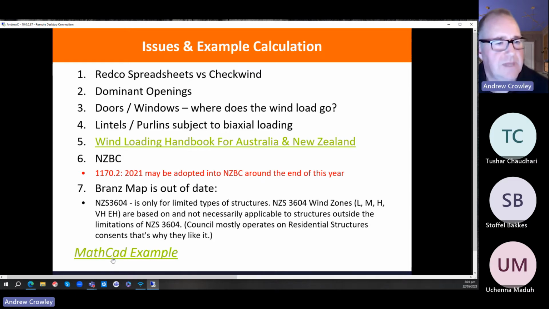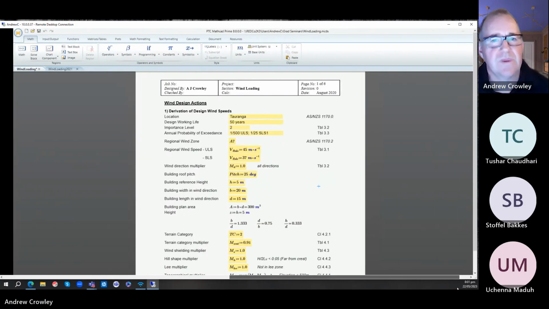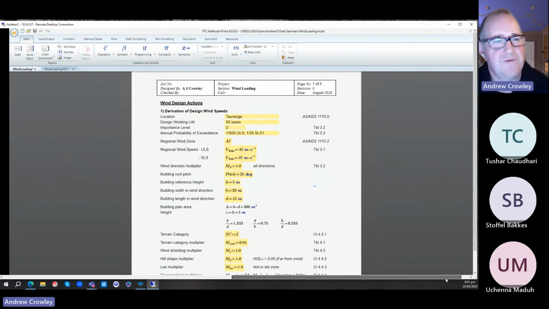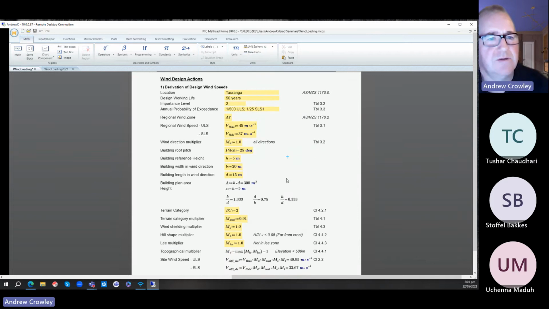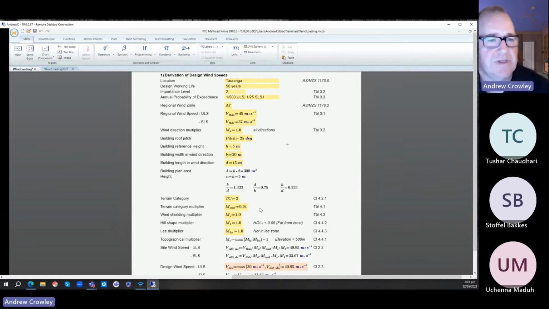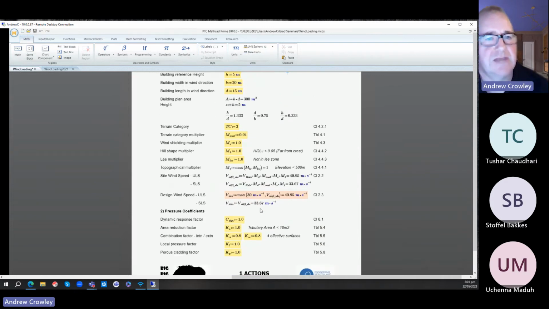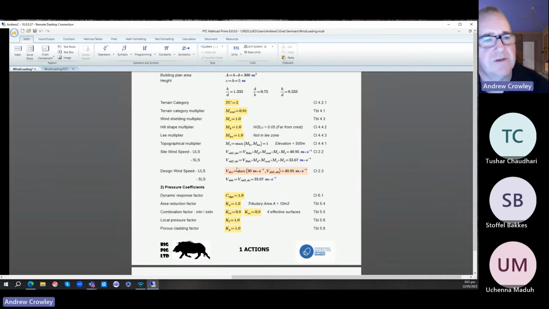There is a Mathcad example I developed, which is based on this code. So here is the Mathcad version, and you just take all the equations out of the code and put them into Mathcad. So you put these as an input, the Md's and so on, terrain categories, the Mz,cat you can work out, and just multiply it all together. That gives you your design wind speed.